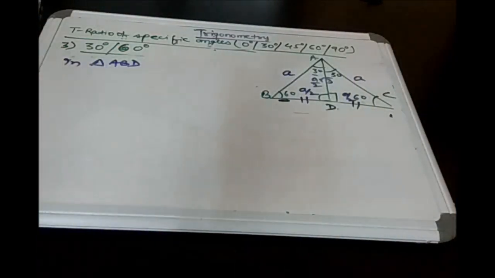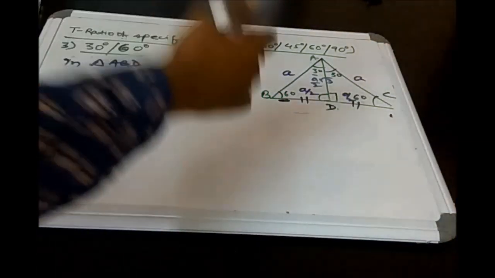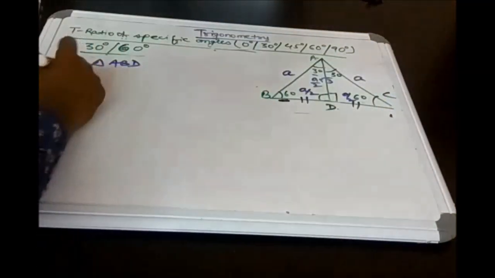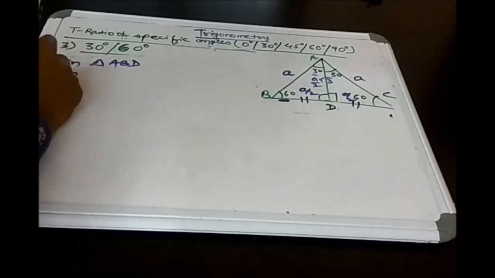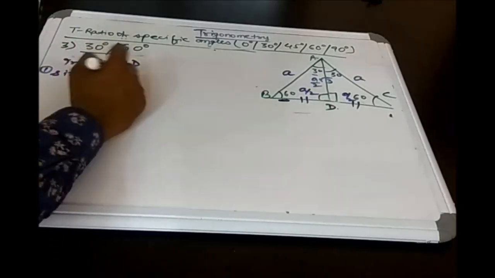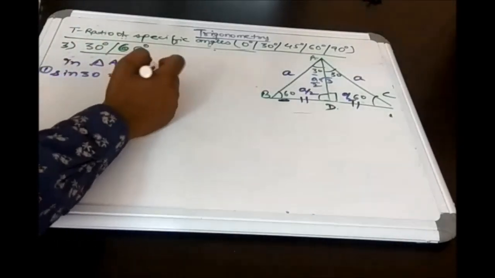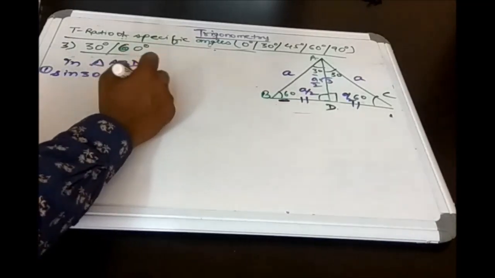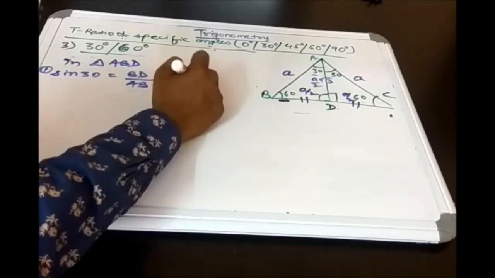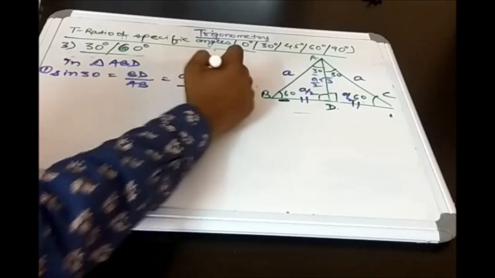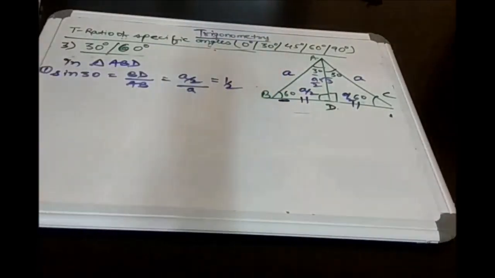Now you are deriving the value in respect of 30 degree. So the perpendicular will be BD. BD will be perpendicular. So first value sine 30 is BD, that is perpendicular by AB. BD is A by 2 divided by A, that is half, 1 by 2.